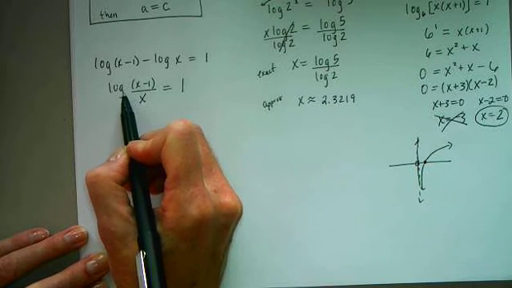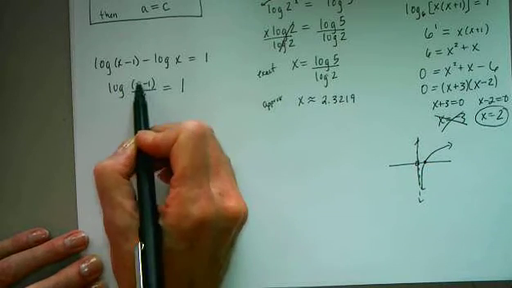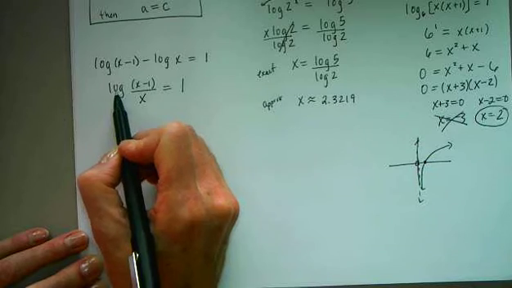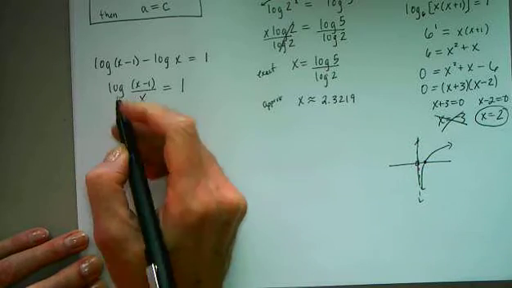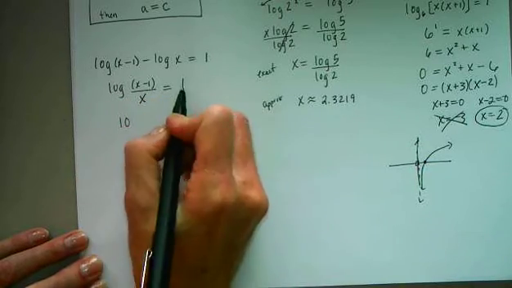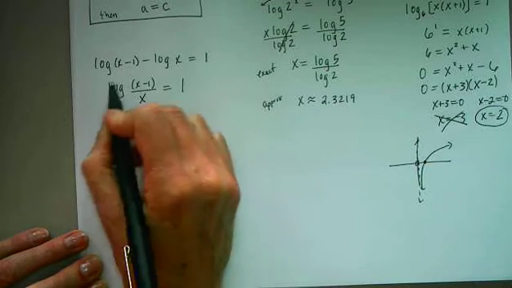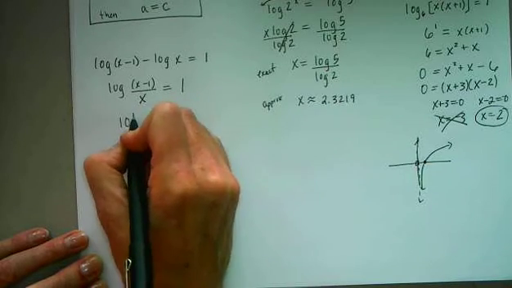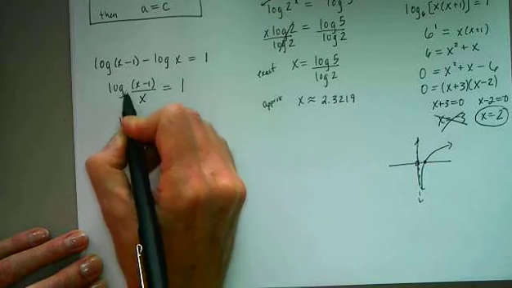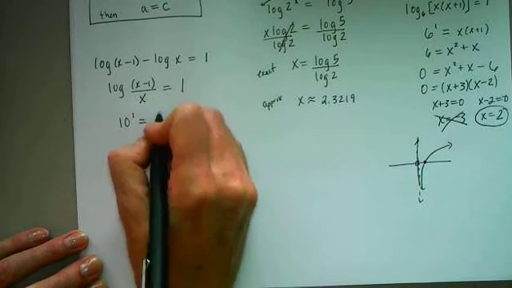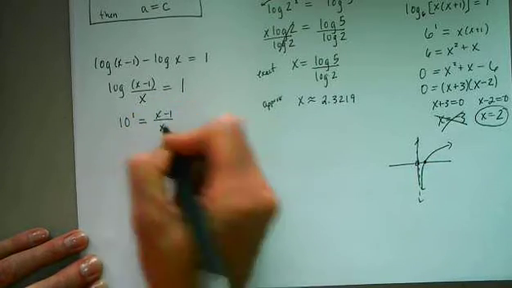Hopefully you all knew when nothing's there, it's 10. So now to get these variables out of the log, I'll convert to exponential. My base is 10. My exponent is what the log is equal to, 1, equals, and my answer is what you're taking the log of. So that's my answer.